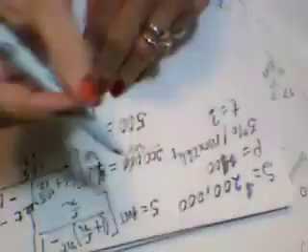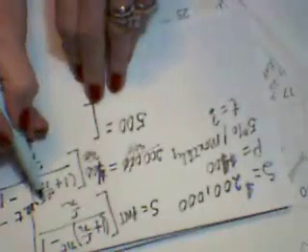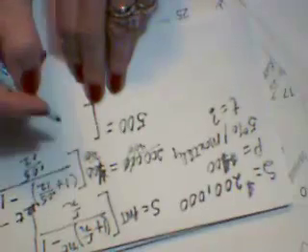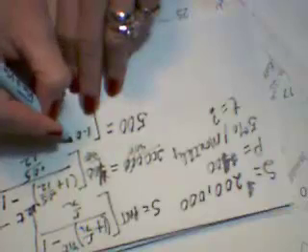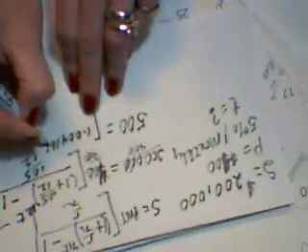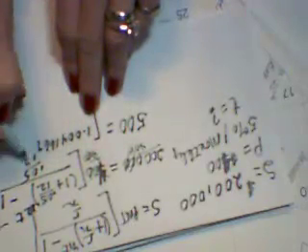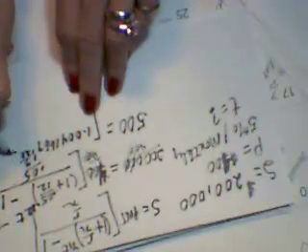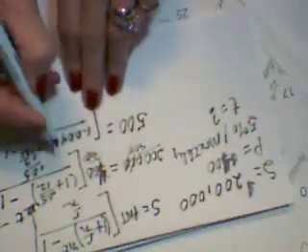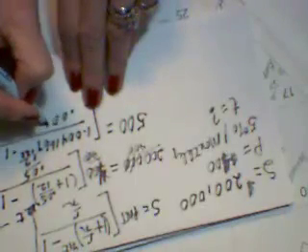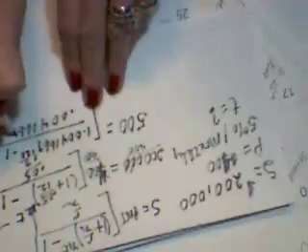We know that 1 plus 0.05 divided by 12 is 1.00416667. That's raised to the 12t power minus 1 over 0.00416667.